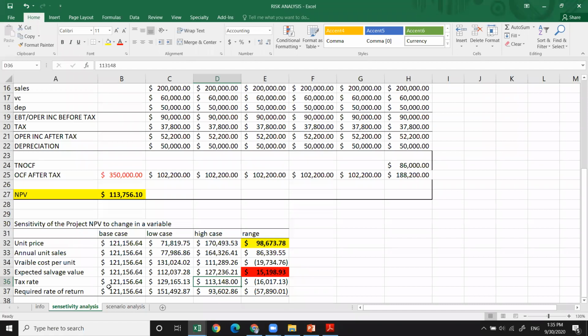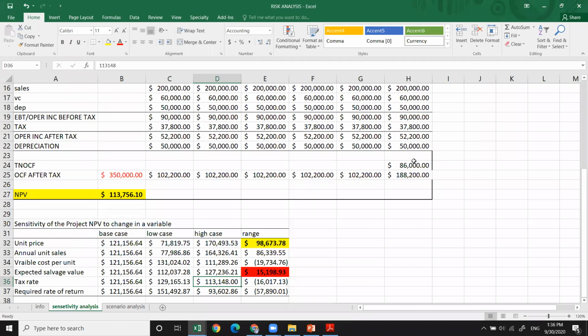Operating cash flow, maybe. Sorry? Operating cash flow? Yeah. First of all, when we change the tax rate, we have to think where we use the tax, in which cases. So those parts you have to think of. Also, non-operating cash flow, yes. Terminal non-operating cash flow, salvage value should be changed.